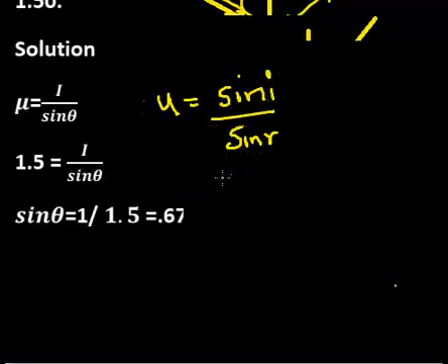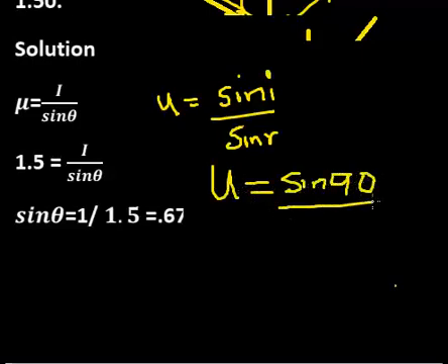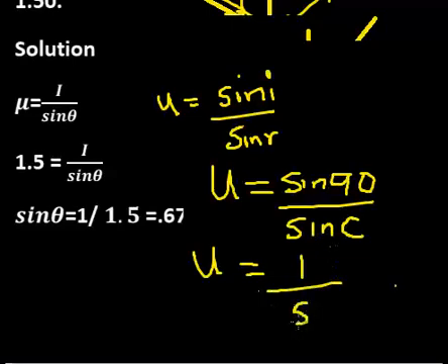That's the critical angle. So we can simply say that refractive index is equal to sine 90, and of course the angle of refraction is the critical angle, sine c. Sine 90 is 1, divided by sine c. So for total internal reflection, we will have refractive index equal to 1 all over sine c, where c is the critical angle.